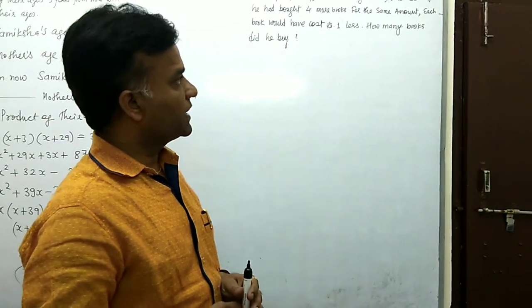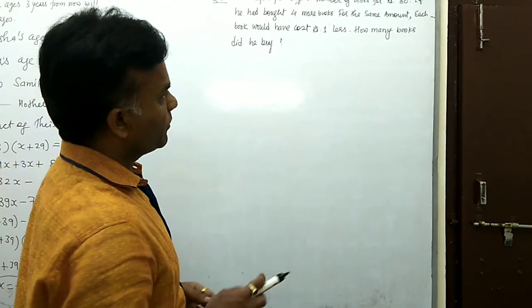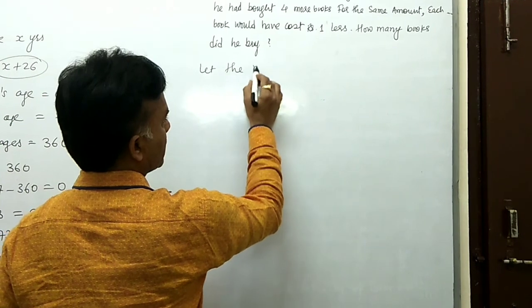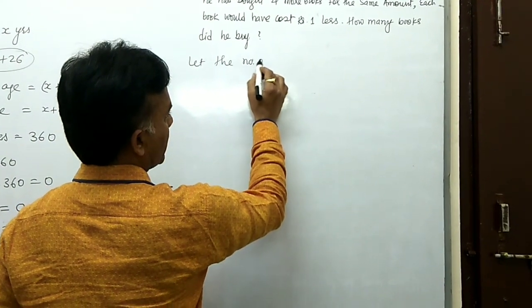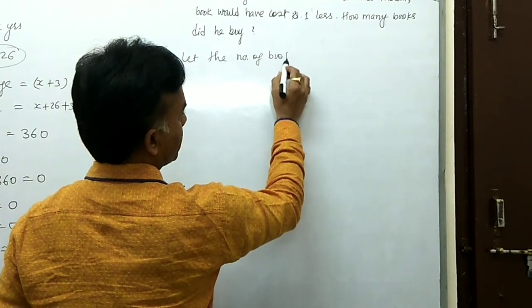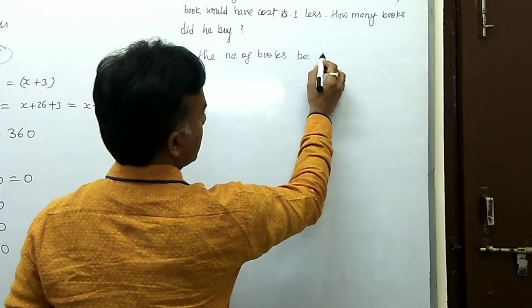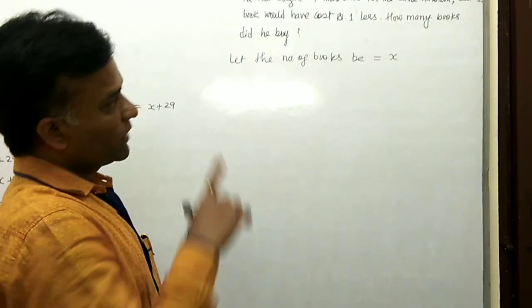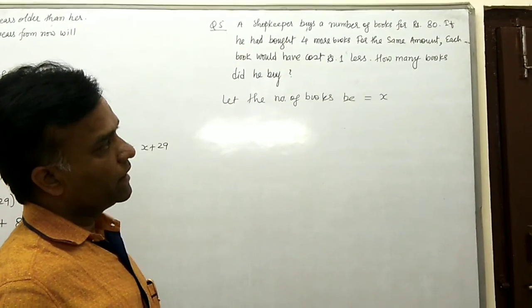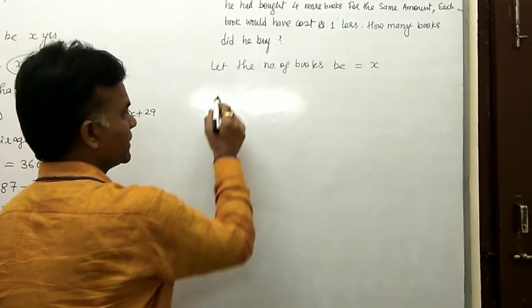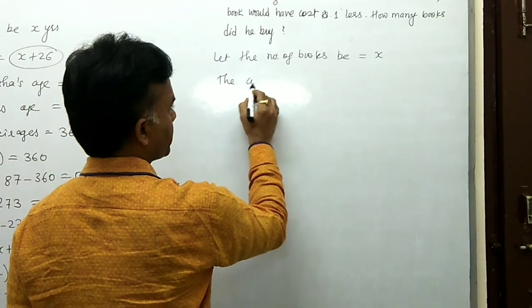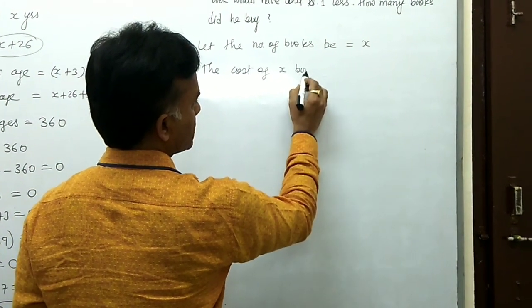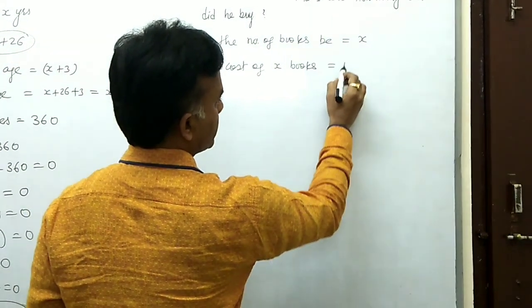So first we assume the number of books to be x. Let the number of books be x. The cost of x books equal to rupees 80.